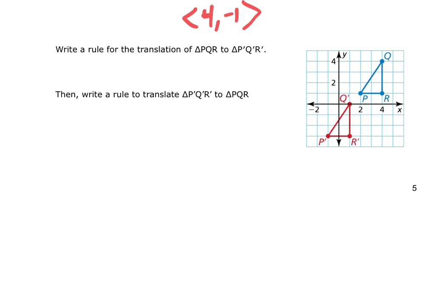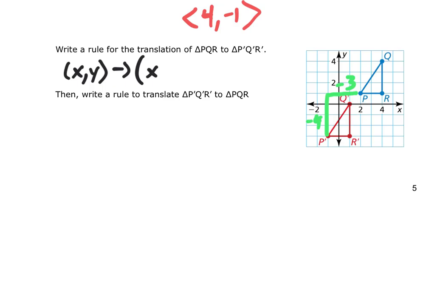If you need to, you could even draw that in on your graph and say we're going left 3 and down 4. Okay, translation rule. When it says a rule for the translation, usually we're talking about the ordered pair unless it says the vector component form.